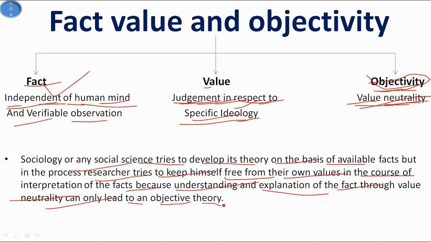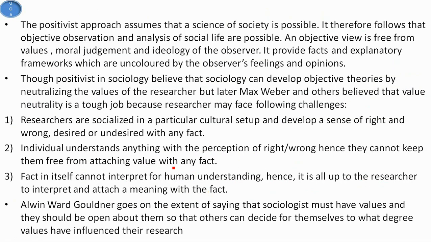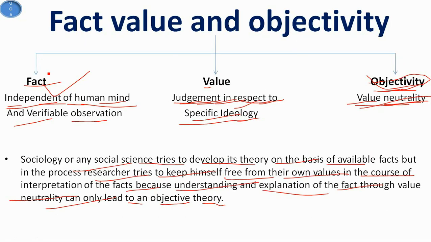If sociologists want the theory to be objective, they have to be neutral with respect to their values. It is a difficult process, and it comes from experience and a lot of effort.